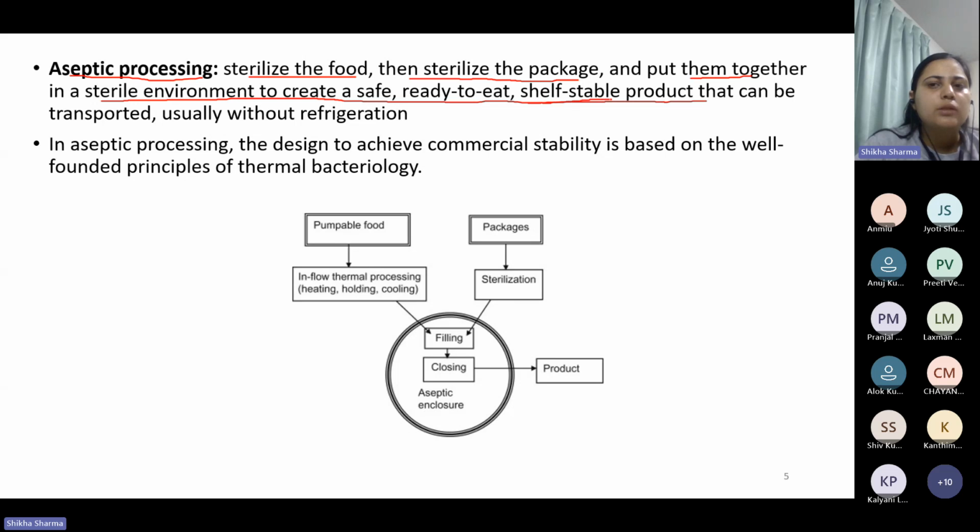Shelf stable means that if we keep it at room temperature, the product should be stable, and it can be transported usually without even refrigeration.